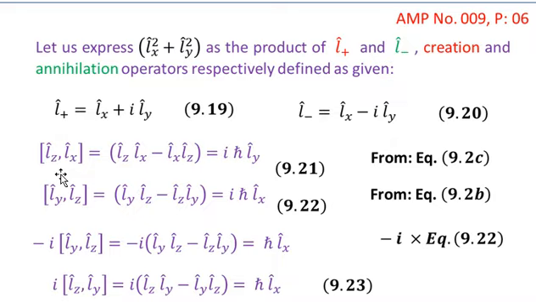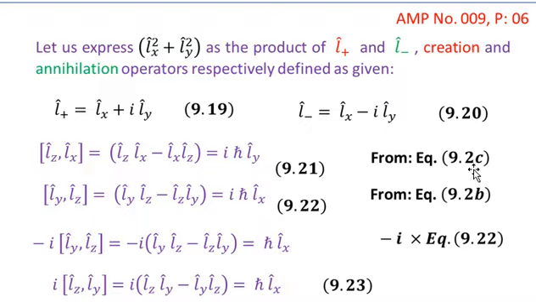So you see that after equation number 20, the first is the commutator in the square bracket of Lz and Lx. This commutator has been obtained from equation number 9.2c, and I have shown the expanded form of this commutator also. Lz Lx − Lx Lz is equal to iħ Ly.